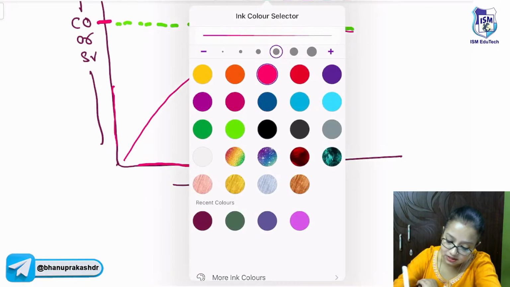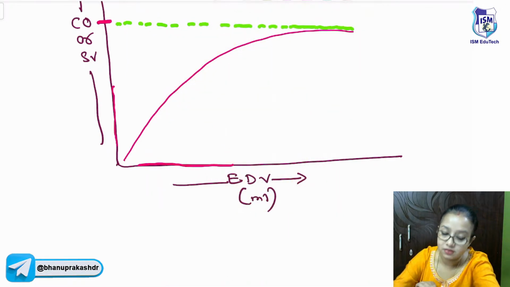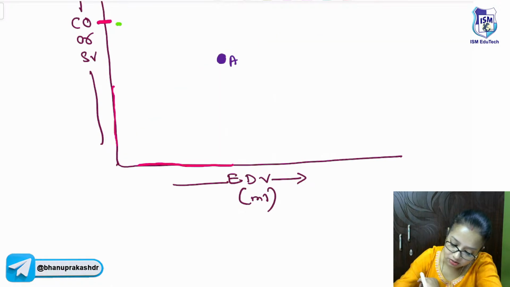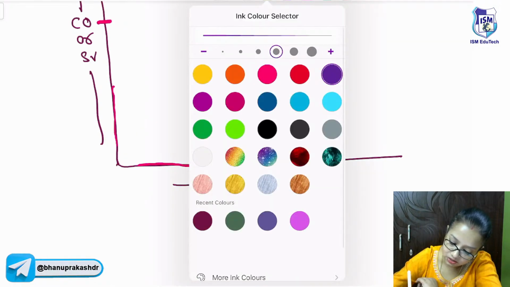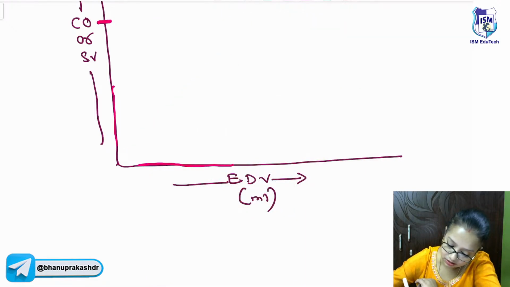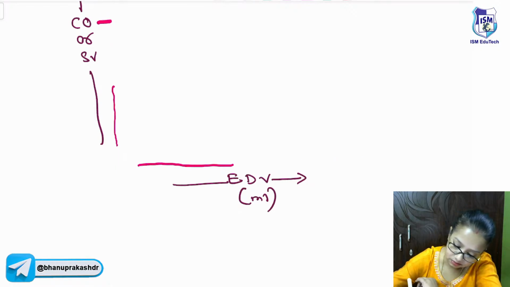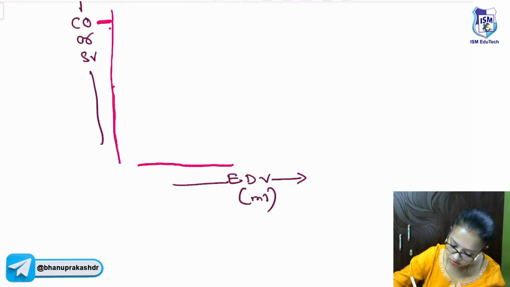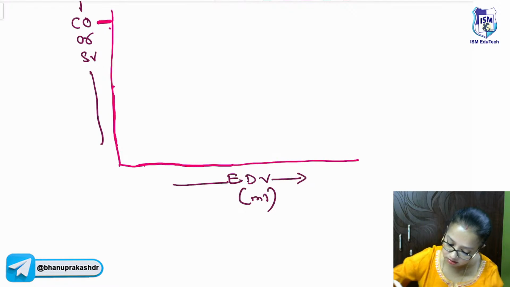Say for example, in this condition, the cardiac function normally is working at a point, say E. Now, suppose a positive inotropic agent has been added. Let me draw it again. Hold on.